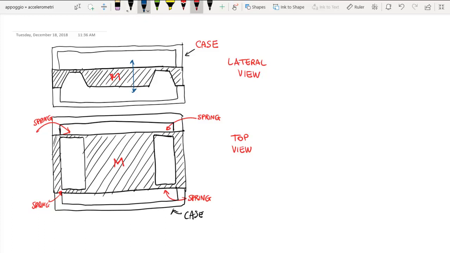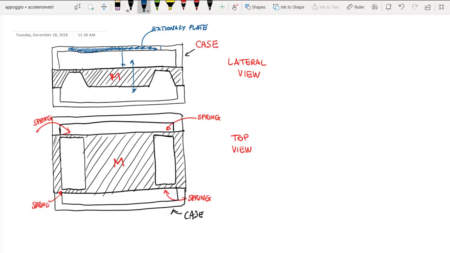What we need is just to put some fixed plate here on the top. So, for example, this can be a fixed plate, the stationary plate. And the bottom and the top part of the membrane can be the moving plate.